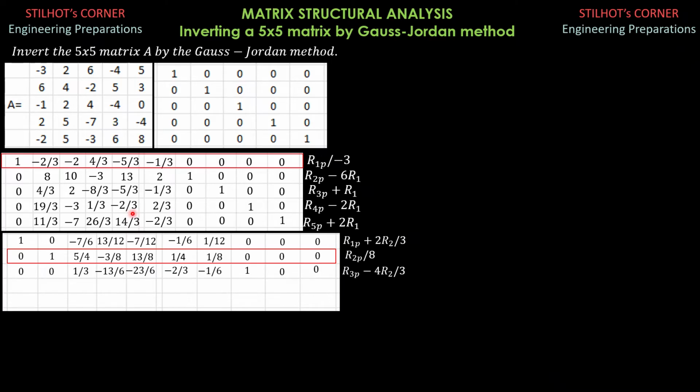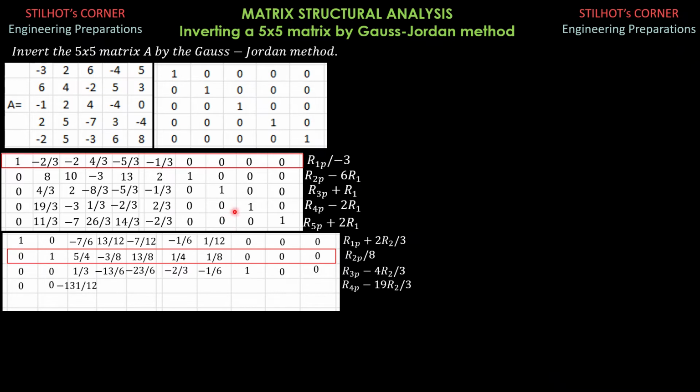Negative 2/3 minus 19 over 3 of 13 over 8, that's negative 263 over 24. 2/3 minus 19 over 3 of 1/4, that's negative 11 over 12. 0 previous minus 19 over 3 of 1/8, that's negative 19 over 24.